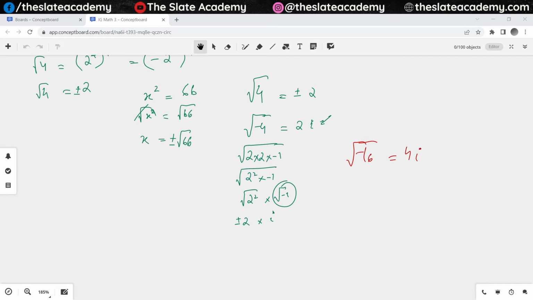For the exam you would usually be dealing with simple numbers. Even if you get a big number, for example root of negative 256, you simply find the answer of root 256 and put iota next to it to show that it's for the negative sign.